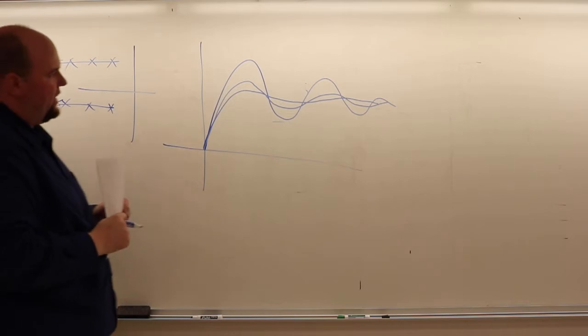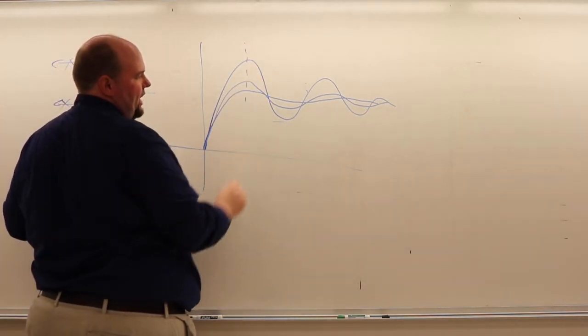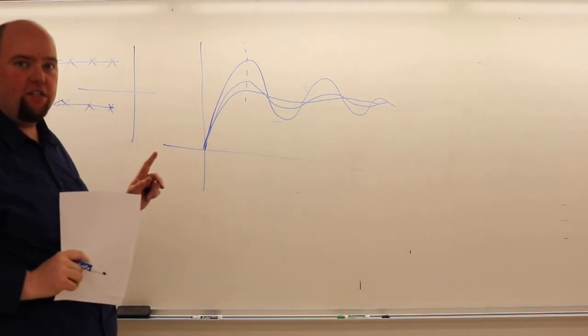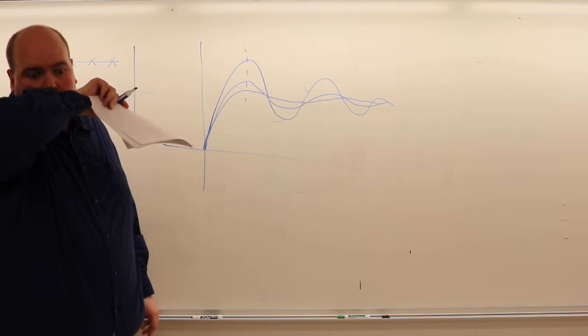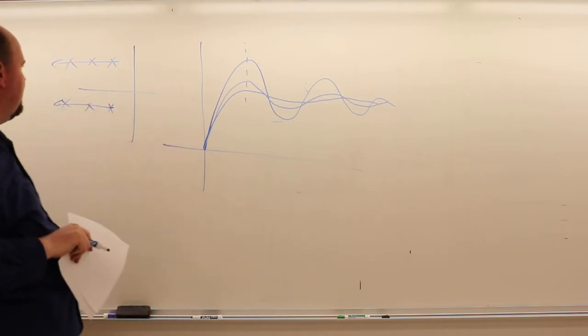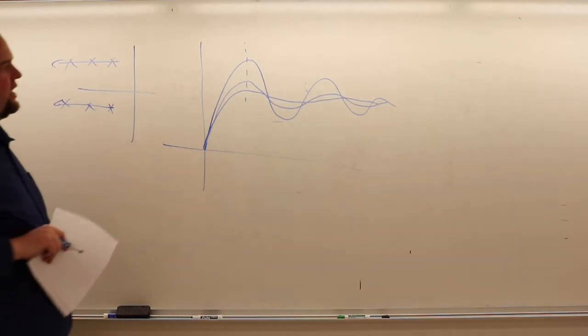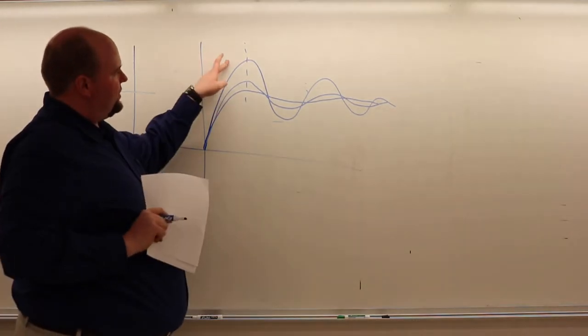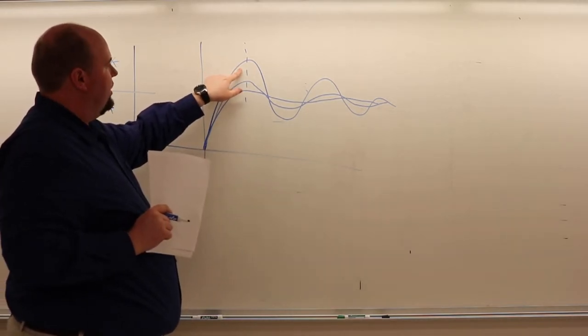Very poorly drawn, but notice that all of these 3 functions peak at the exact same time. All of these 3 functions have the same natural frequency. But all of these do not overshoot the same, right?